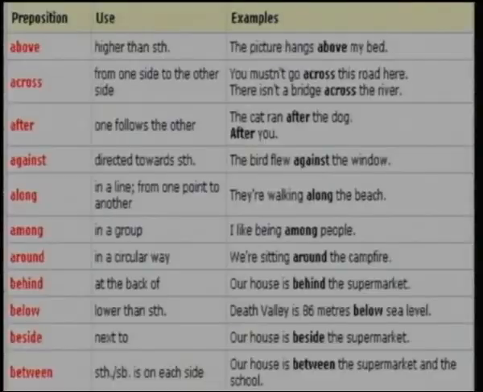Beside means next to. Our house is beside the supermarket. Between, and between two things. By means near. He lives in the house by the river. Yani close to the river. Okay? Close to also means near. Our house is close to the supermarket.